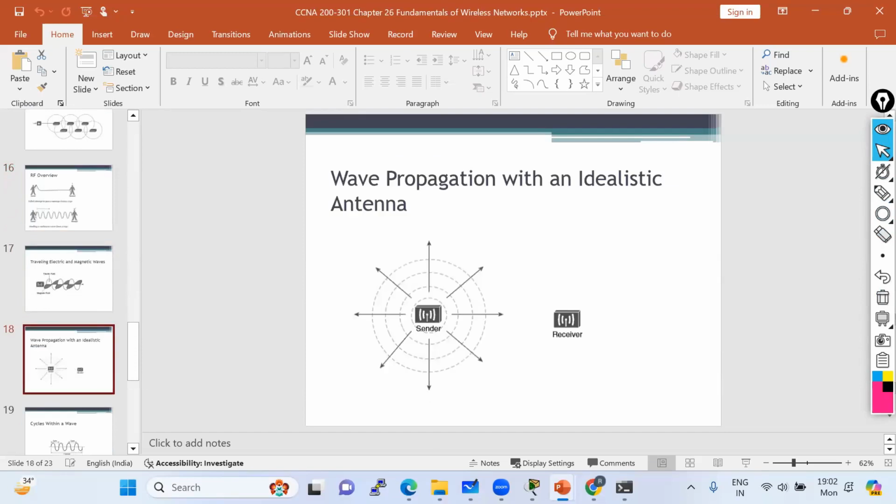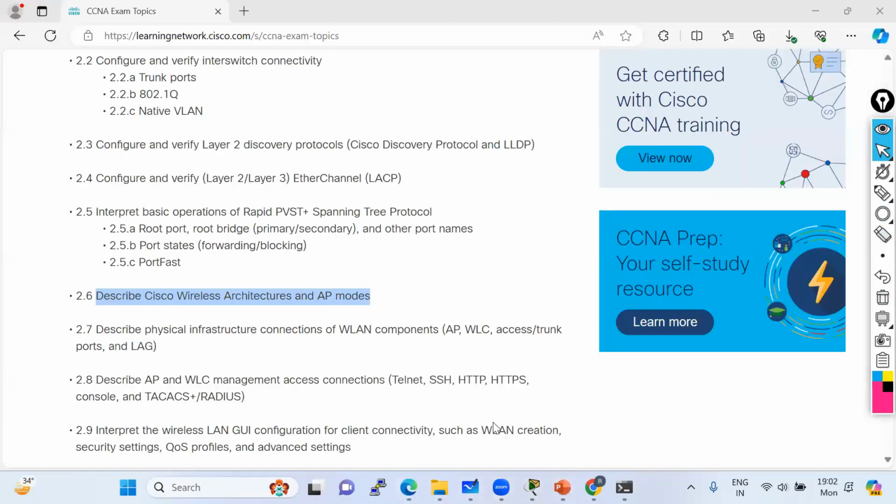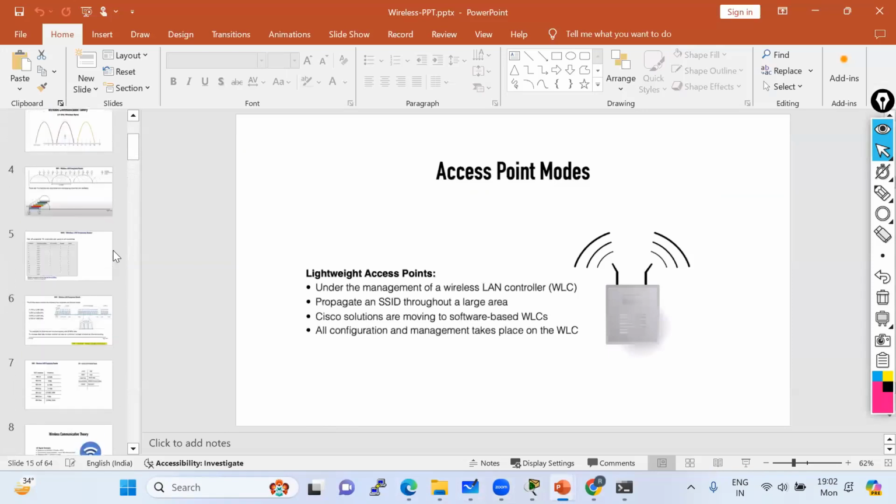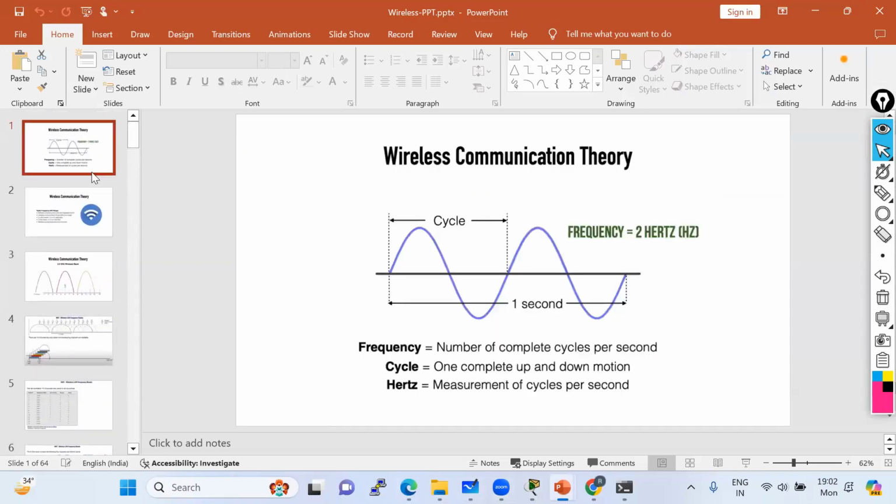So this radio frequency, let me move to another slide which has a better representation. If you try to understand wireless communication theory, this RF, radio frequency, is measured as the frequency, which is measured in hertz.